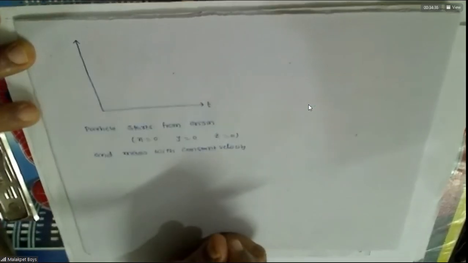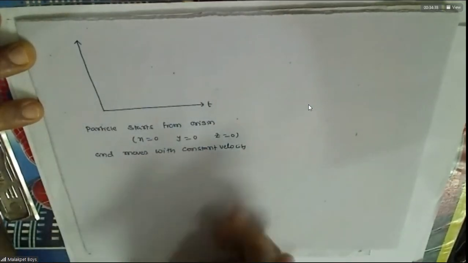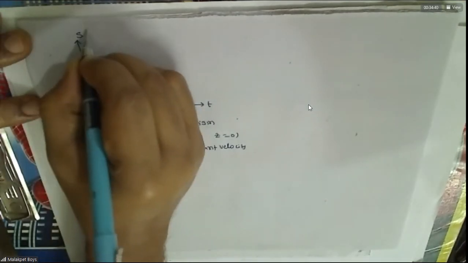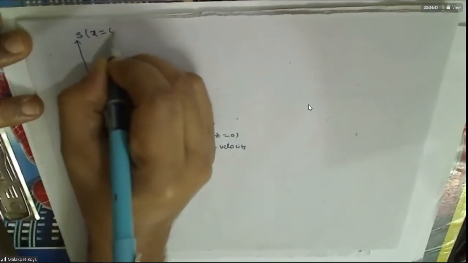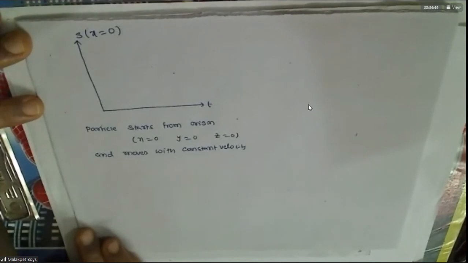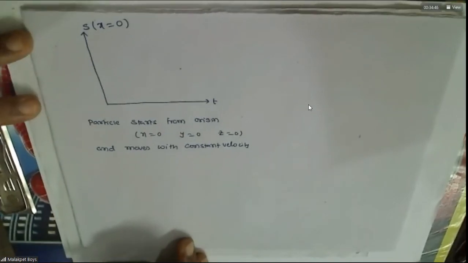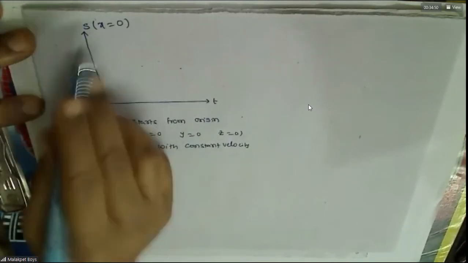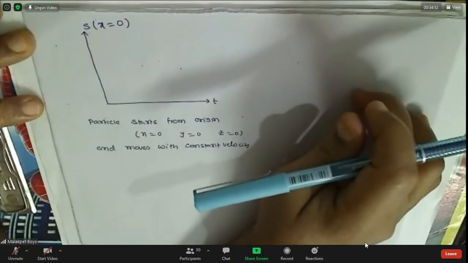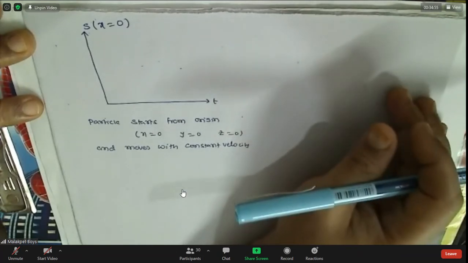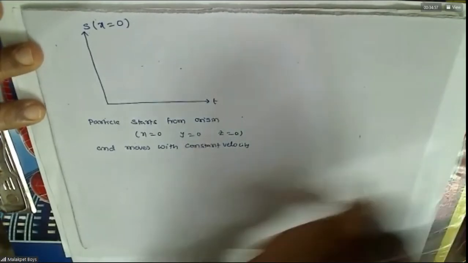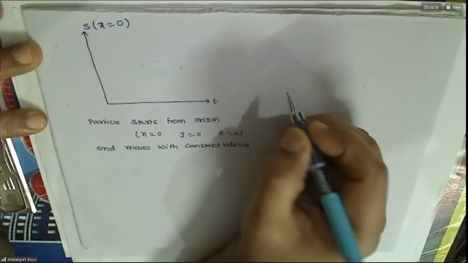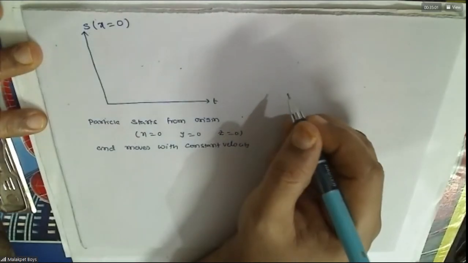Suppose x is displacement. Say x is 0. Followed this? See, with time you can plot either x or y or z. You cannot plot all three at a time. Again, y versus t you can plot, and z versus t you can plot. So here, as the particle is moving, what will happen?